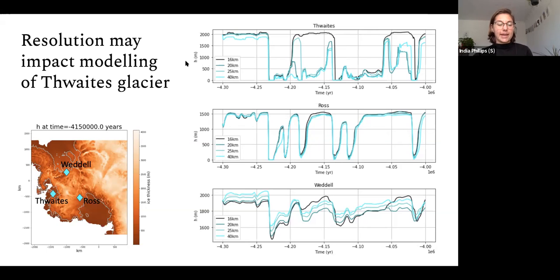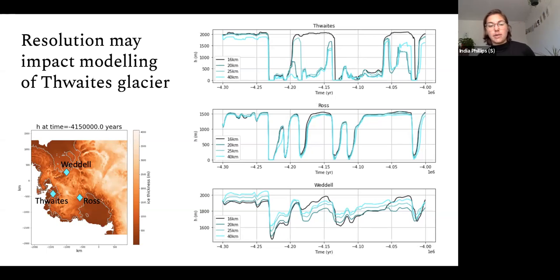Thwaites has received a lot of media attention recently because of its ice melt, and so that's why it's important. But what you can get out of these is that higher resolutions don't estimate quite as many collapses.